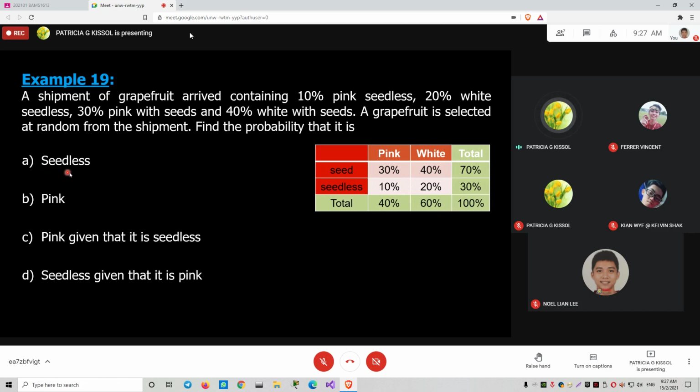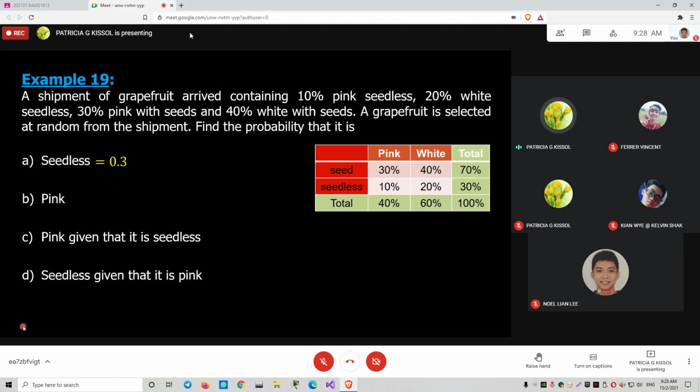The first question asks, what is the probability that it is seedless? How do we get the answer? Looking at this row, seedless, there are 30% out of 100. So the answer is just 30%.